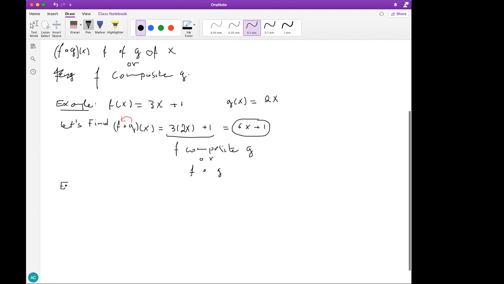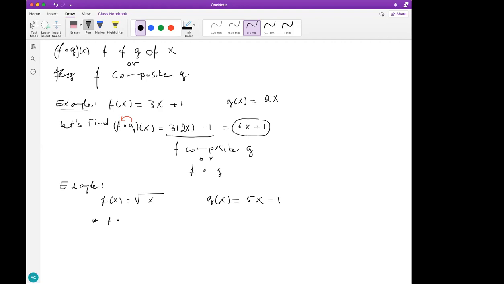Let's do another example. Let's say f of x is radical x, and g of x is maybe 5x minus 1. Let's find both.